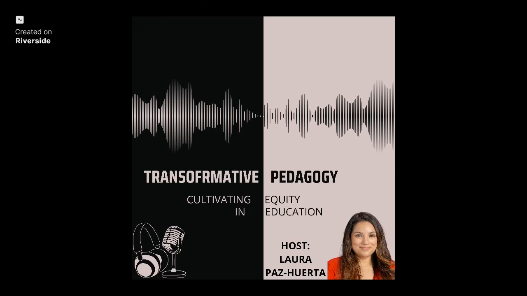So, what does inclusive education for EL students look like in practice? And another question you might have is, how does it relate to the broader goals of social justice and education? Well, let's break down some key strategies. The first one is differentiated instruction.